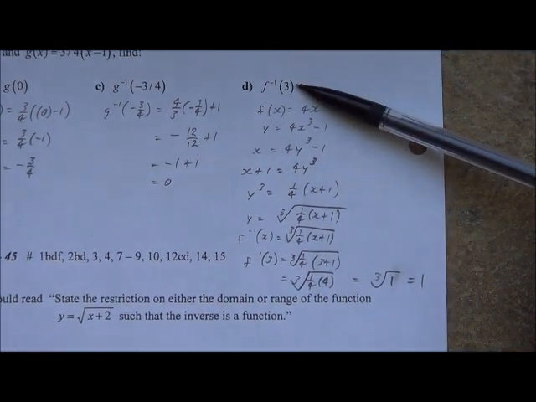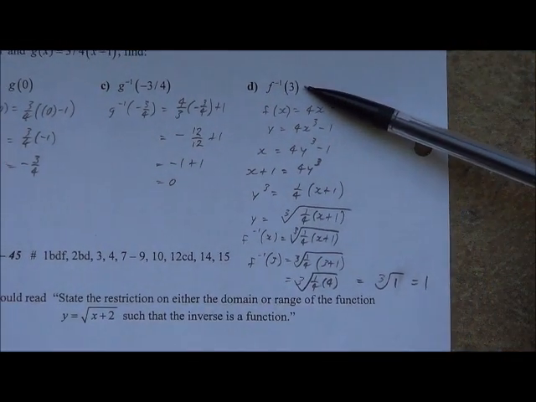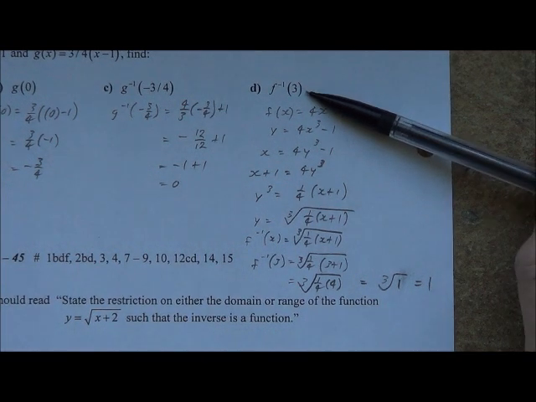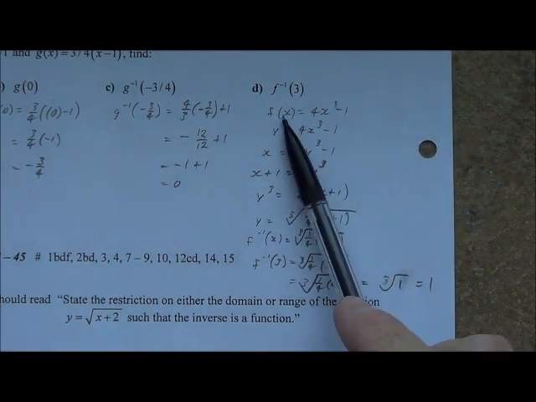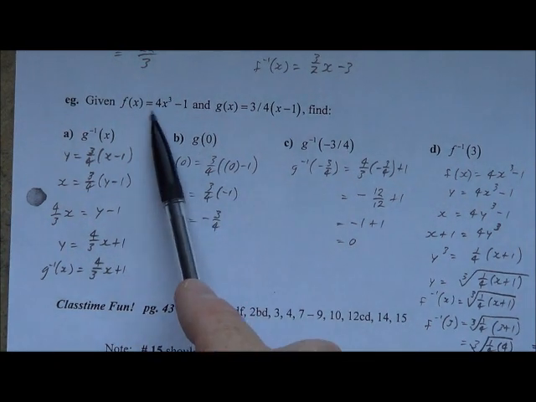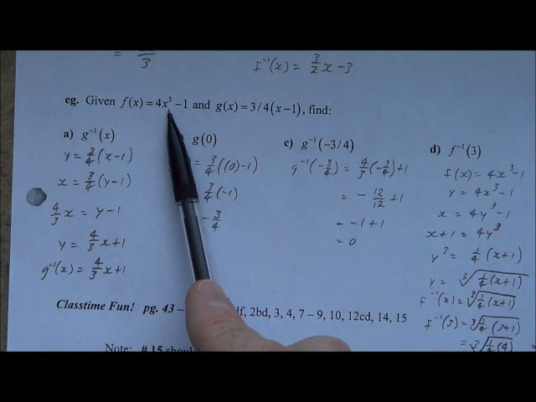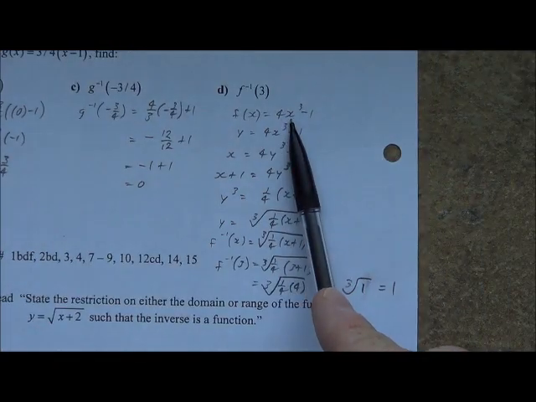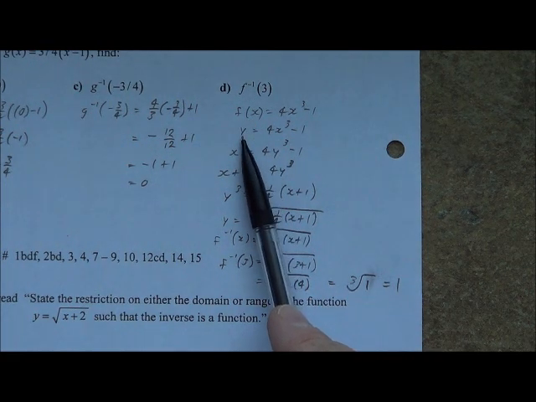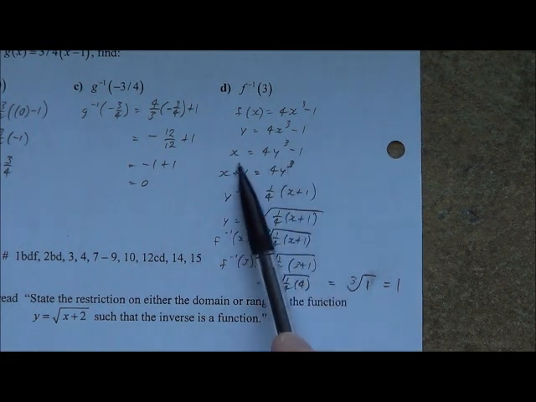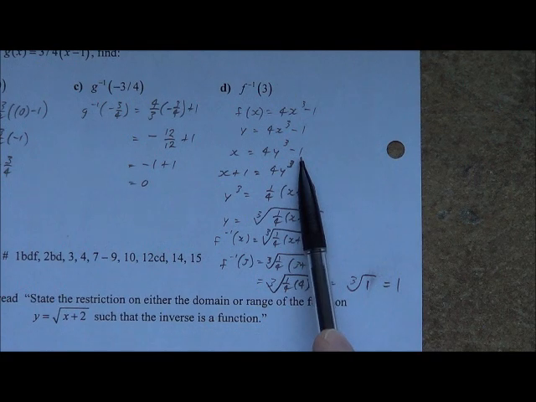Then this is a little bit more involved. It's multi-step because we need to find the inverse function first, or inverse relation. So we take f of x, which is the original function, 4x cubed minus 1. Write that down, replace f of x with y, and then interchange x and y, so we get x equals 4y cubed minus 1.